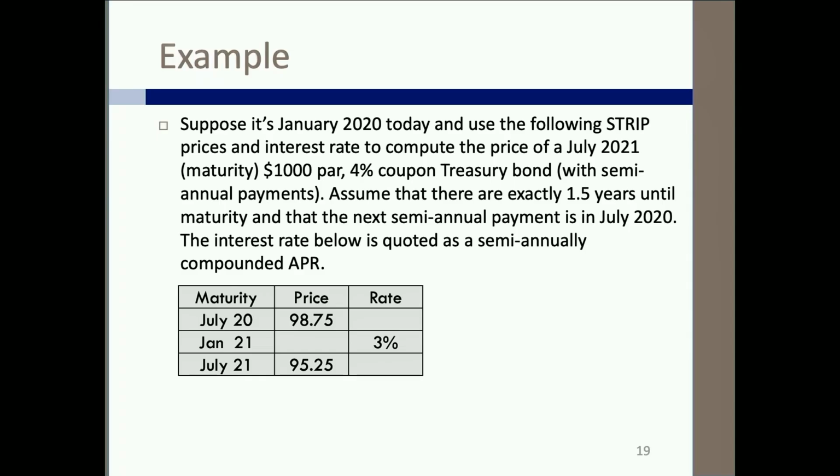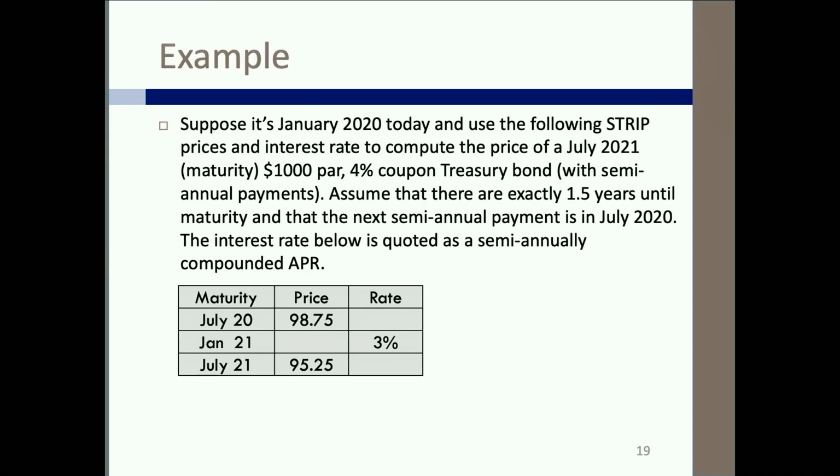And if it matures in July 2021 and today is January 2020, that's a maturity of a year and a half. So the stream of cash flows will be $20 in 6 months, $20 in a year, and $1,020 in a year and a half. Try and get good at this. When you read information about a coupon bond, lay out the cash flows in your mind.